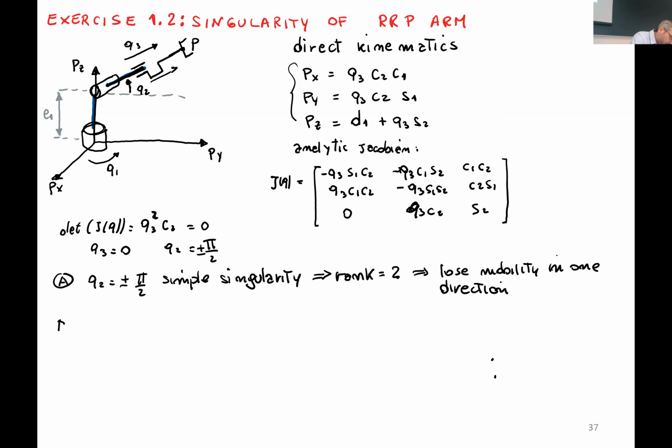While in the case of q3 equal to 0, we have the third joint, this one, fully retracted. So you think that it collapses on the shoulder axis. And in this situation, we have a double singularity, because the rank drops to 1.